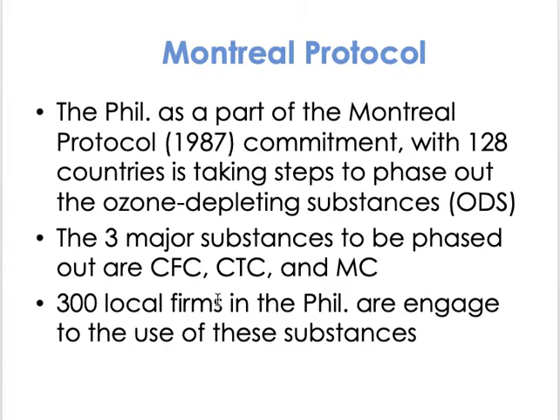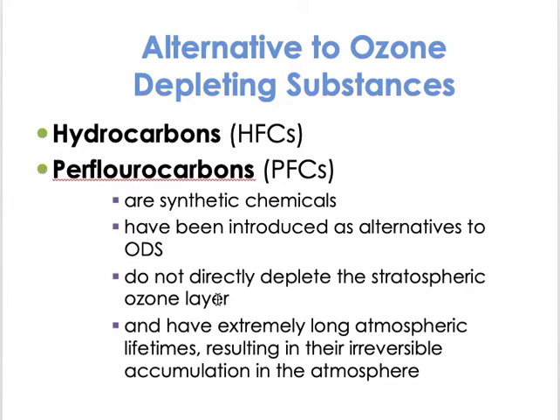I think there have been some talks with the Philippine government and some of these local firms in the Philippines just to take some possible actions in order to reduce the emissions of these gases.